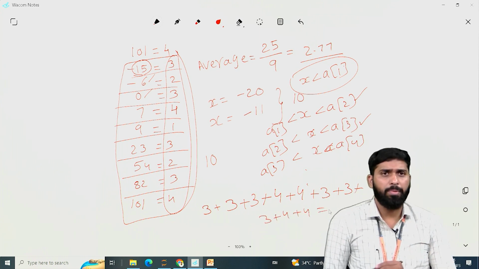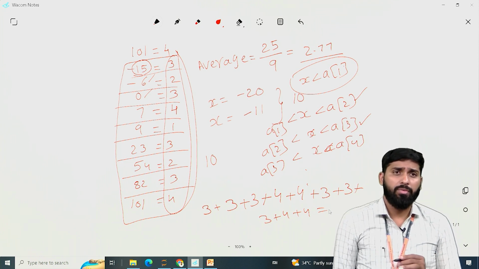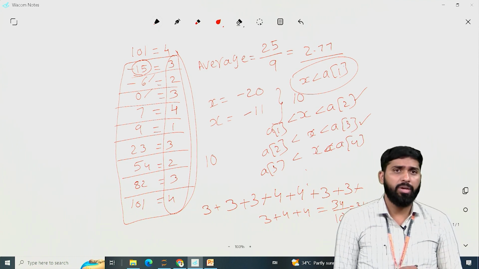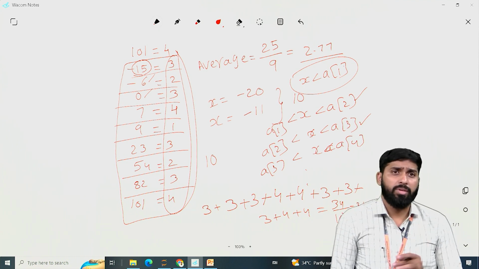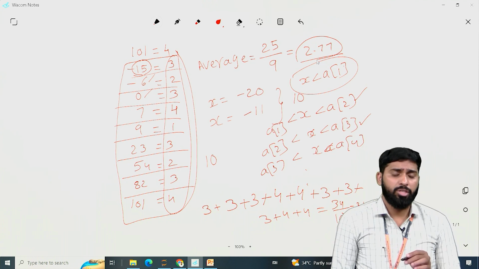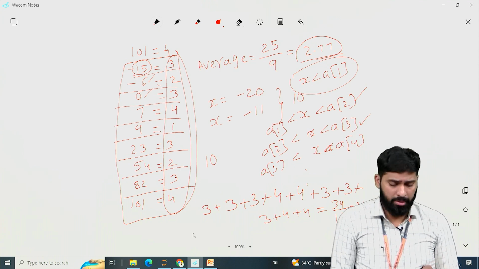Now, if you add all these numbers, we get 34 by 10, that is 3.4. That means for a successful search, the average comparisons are 2.77. For an unsuccessful search, the average comparisons are 3.4.